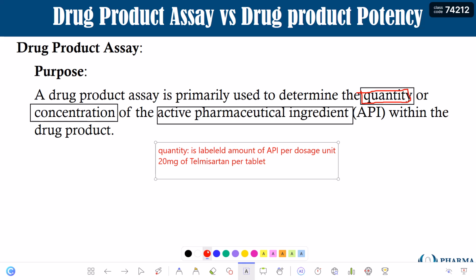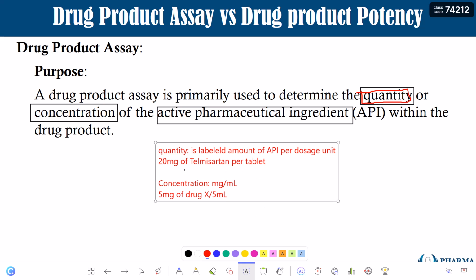So this becomes the quantity. What is meant by concentration? The concentration can be expressed as mg per ml, for example, 5 mg of drug X per 5 ml. So this is the way you can define the quantity or the concentration.